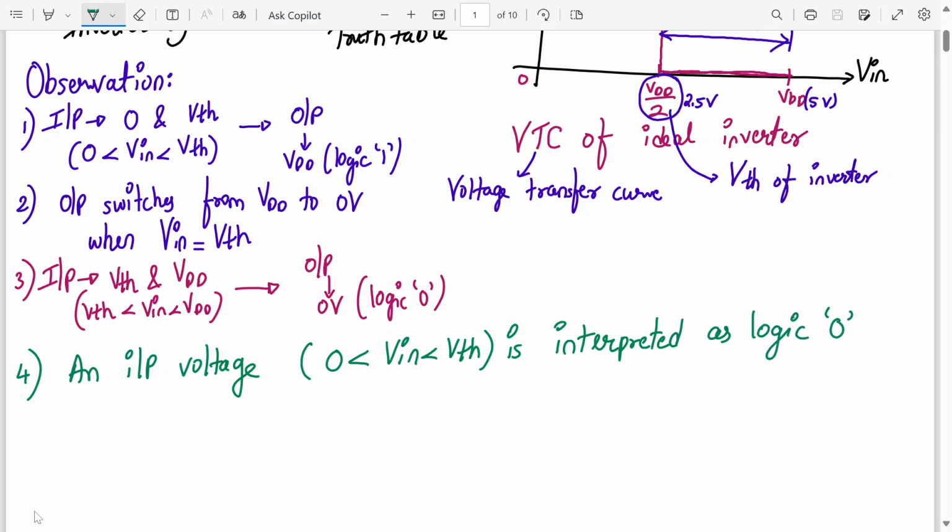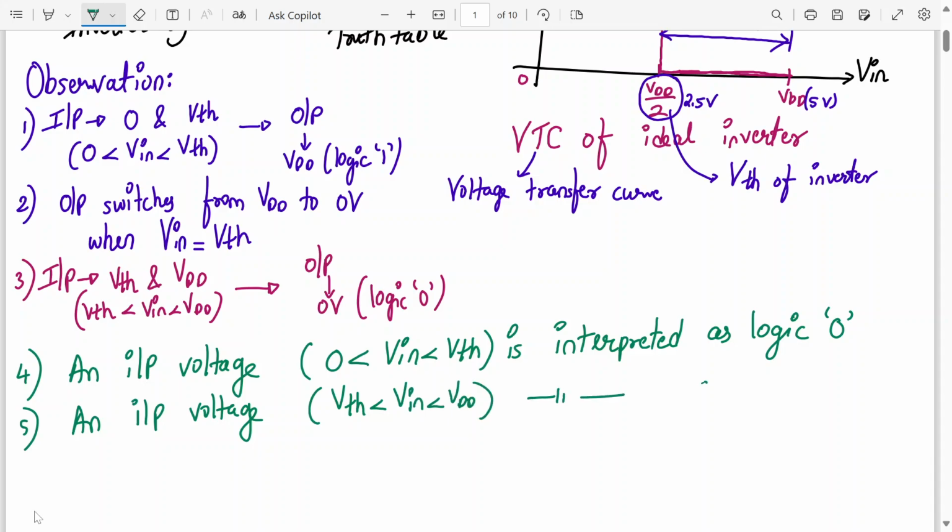Correct? This is logic 0 input. Similarly, we can write an input voltage between VTH and VDD is interpreted as logic 1.